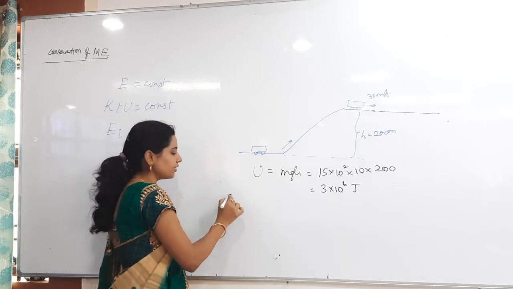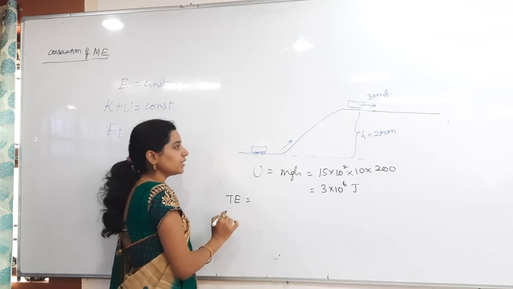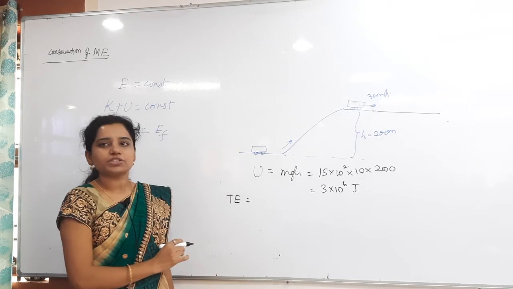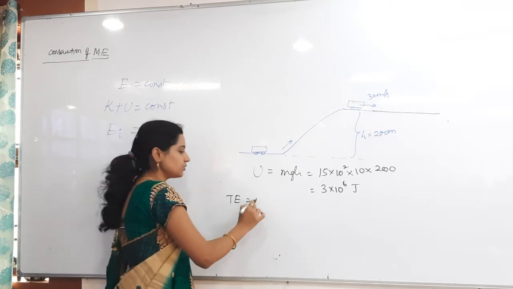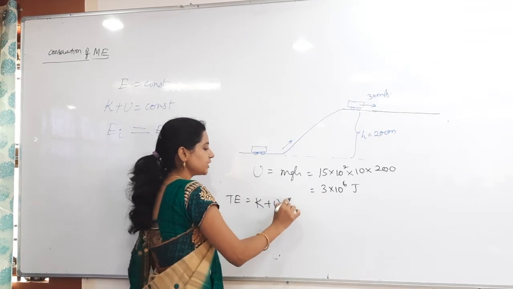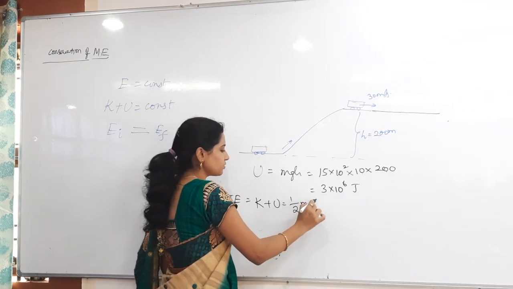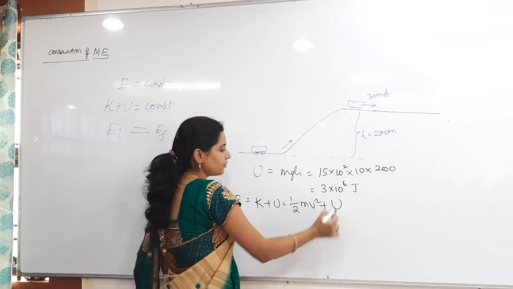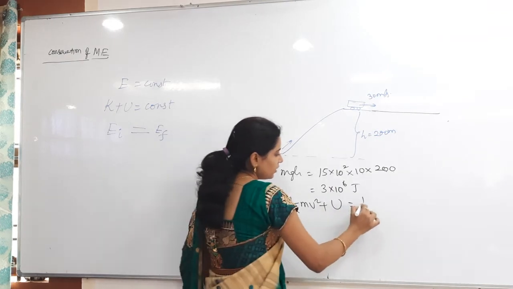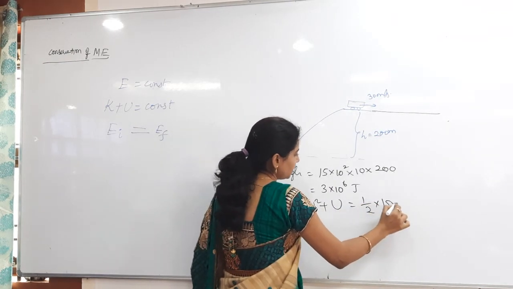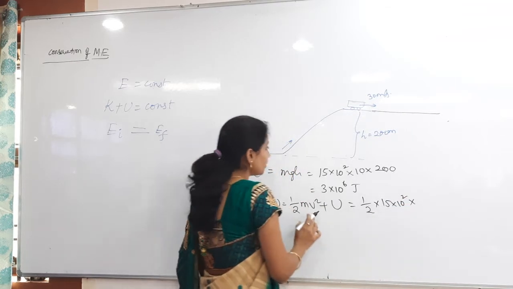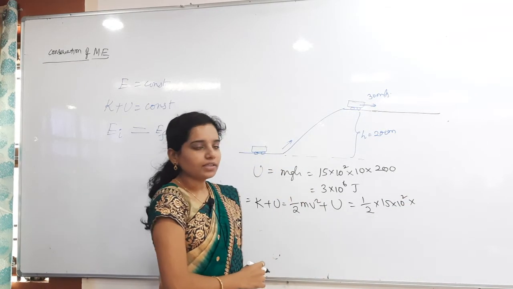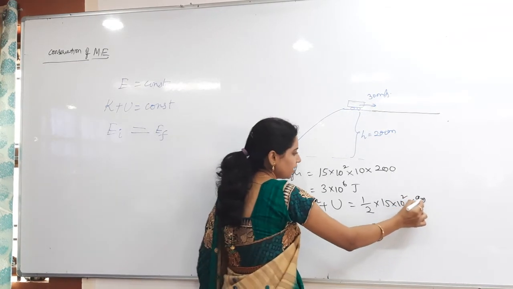Next what you have to find out? The total energy. Total energy is nothing but kinetic energy plus potential energy. So K plus U. What is the K value? Half mv square. And the potential energy value, of course, you got the U value. Half, mass is 15 into 10 square. Velocity is 30, right? 30 squared is 900.